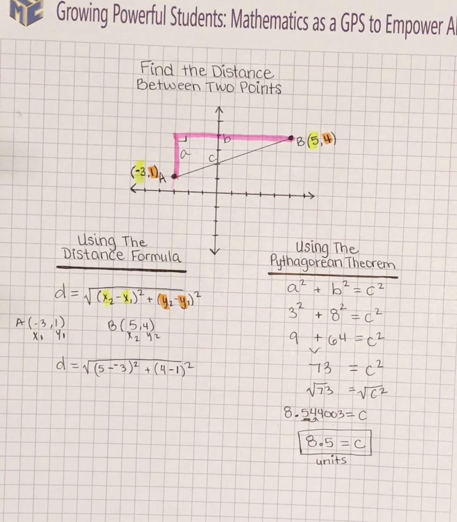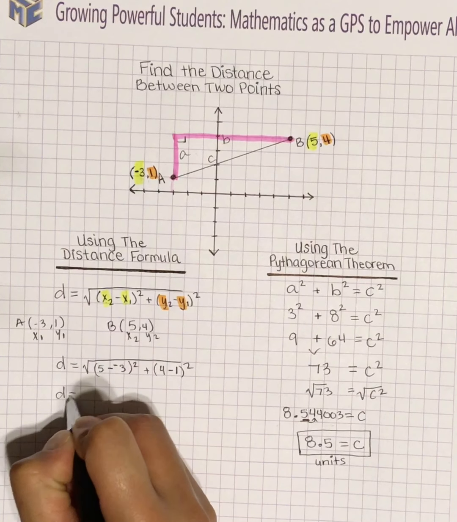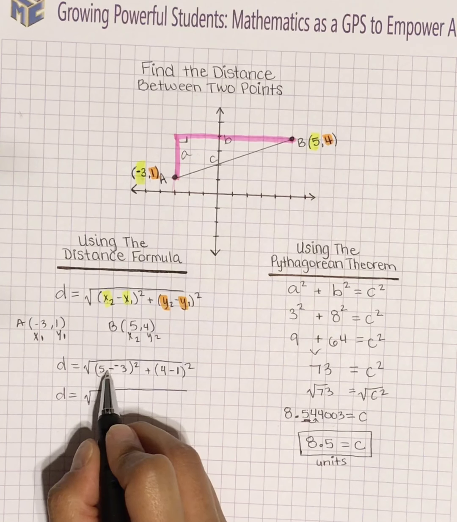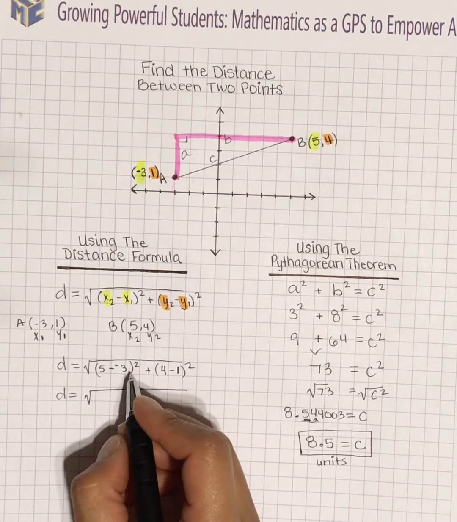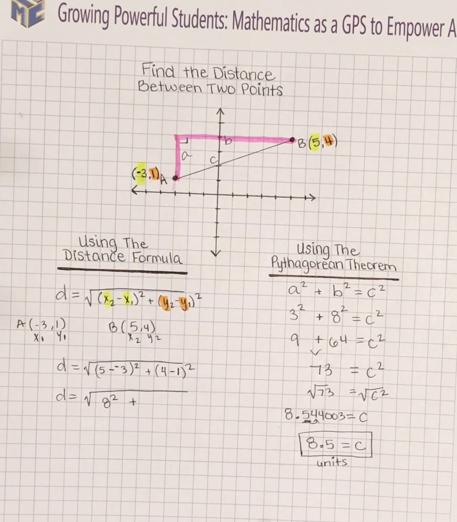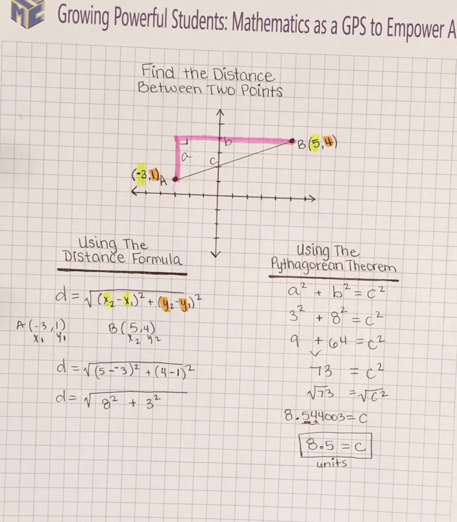And then work it out. You could actually put that whole thing in your calculator if you know how to do that. So 5 minus -3 is 8. So it's 8 squared plus 4 minus 1, which is 3, so that's 3 squared.